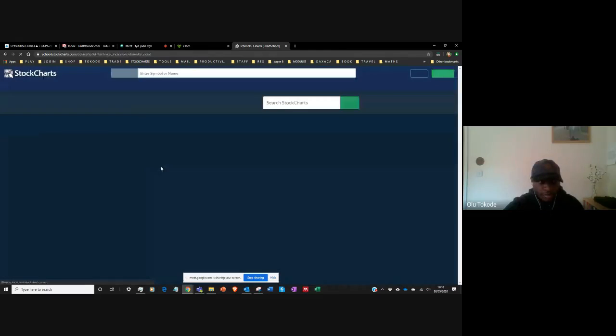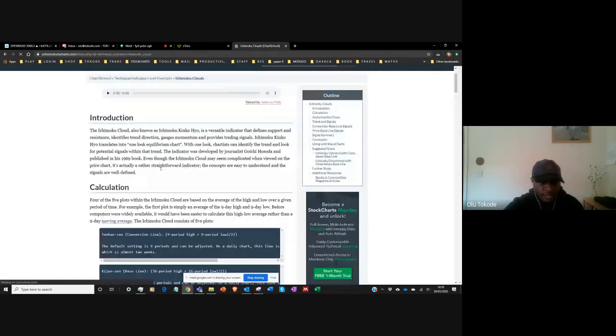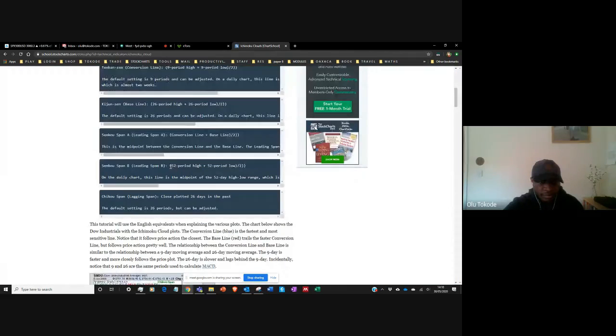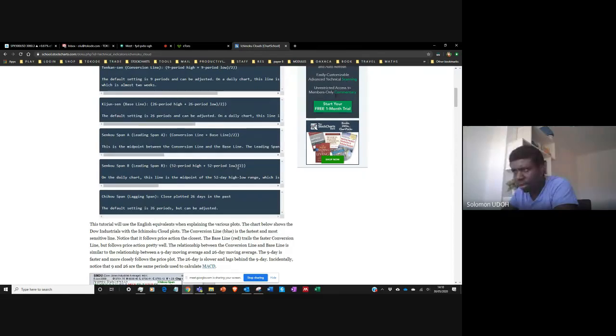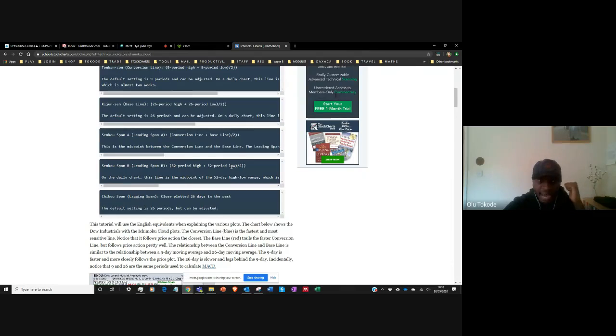Pull it up here. So, okay, this is it. So it is 52 period high plus 52 period low divided by 2. Okay. So 52 candles behind. You take the high and the low, add them together, divide by 2, and you plot it 26 periods in the future.